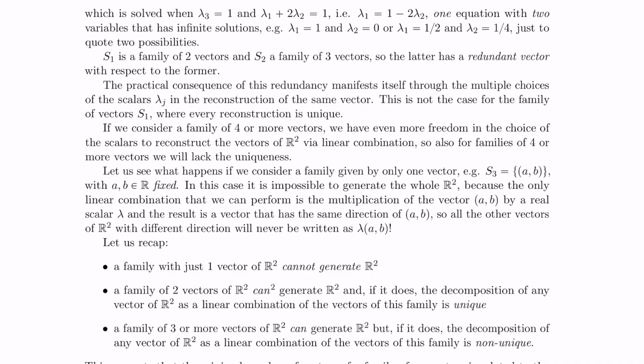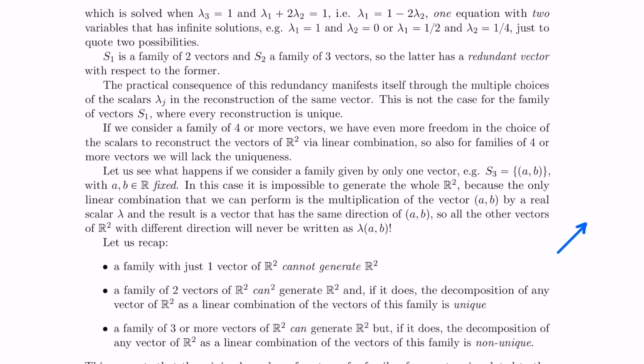Let's now see what happens if we consider a third family S3 given by just one vector written with components (a, b). Imagine now that the geometric representation of this vector is this one, and ask yourselves what are the vectors that we can generate through linear combinations of just this vector here.